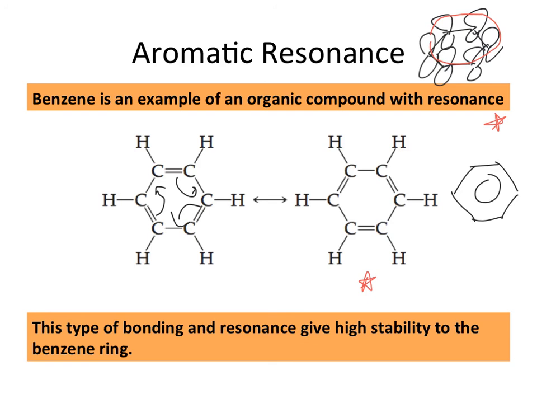So resonance can occur in plain old ions that we see day-to-day, polyatomic ions that are seen in salts and stuff like that. But it also occurs in aromatic structures, and this aromaticity in this specific case supplies an extra level of stability in this compound.